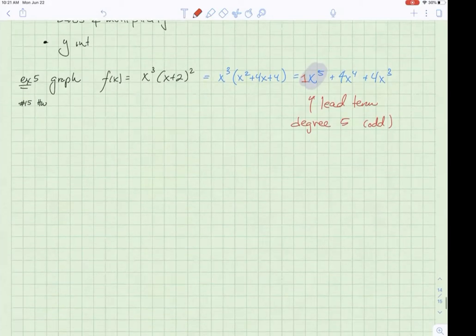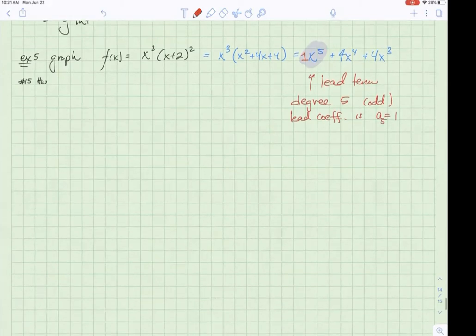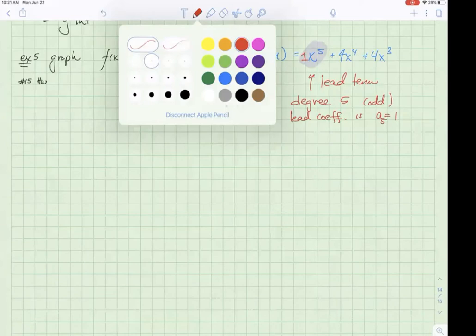And the lead coefficient is a equals 1, or I guess a sub 5 equals 1. And that's enough to tell me what the end behavior is right there.